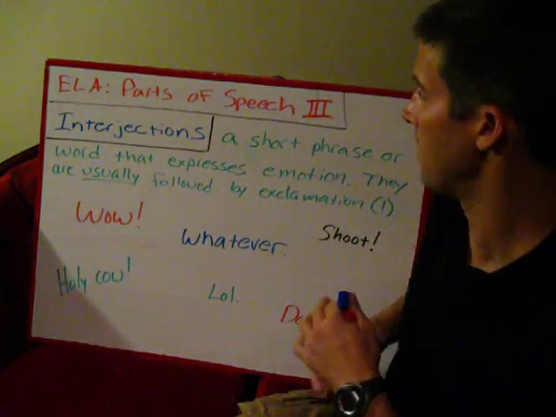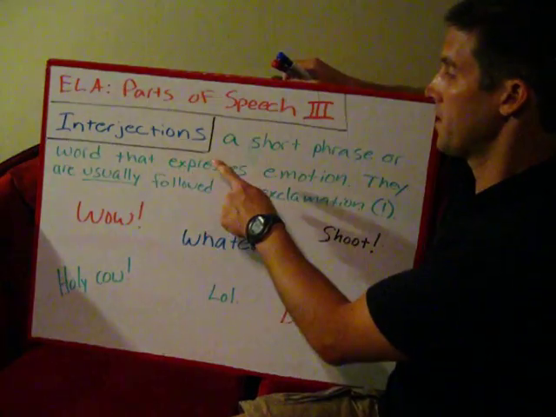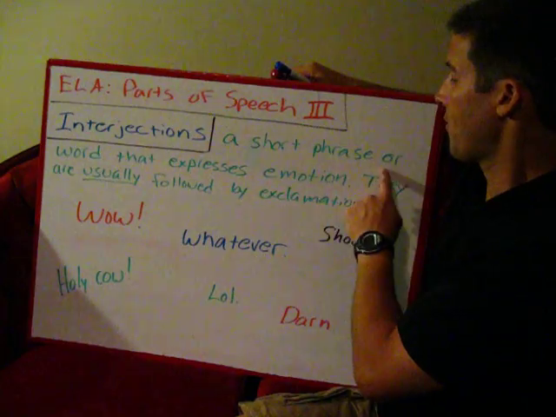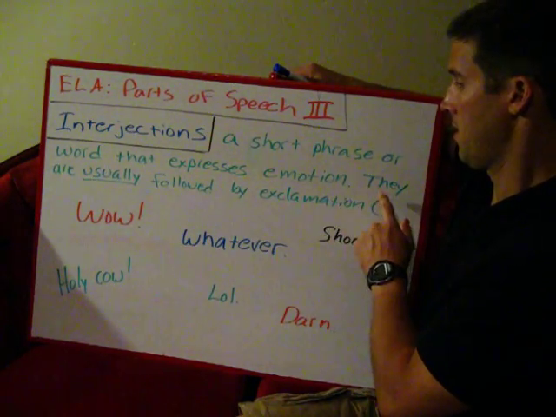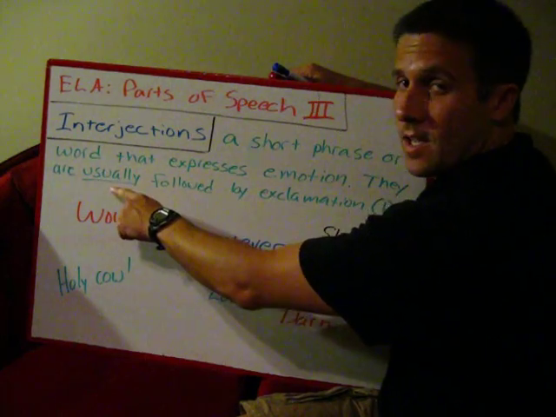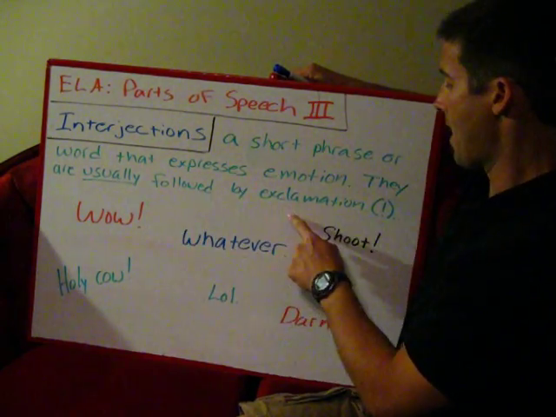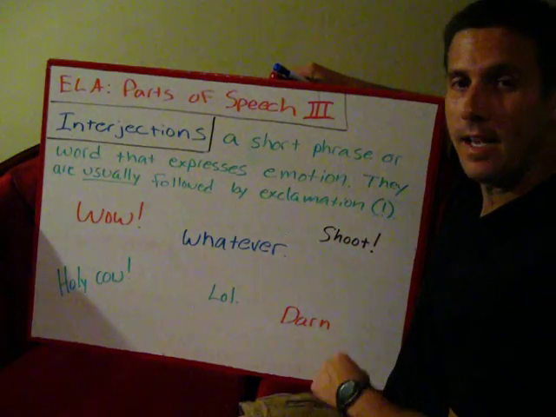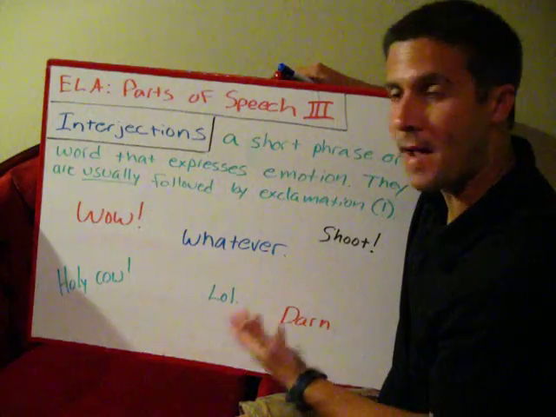And the last one, interjections. An interjection is a short phrase or a word that expresses emotion. They are usually, which means not always, but usually followed by an exclamation. Here are some examples. You'll see this whenever you read books or magazines.